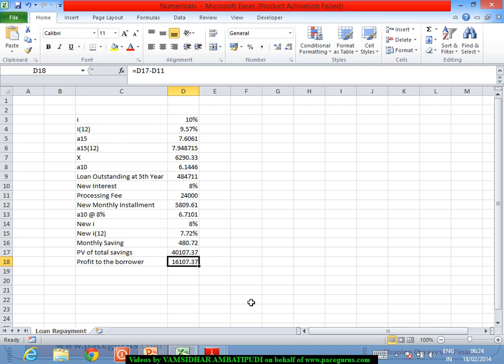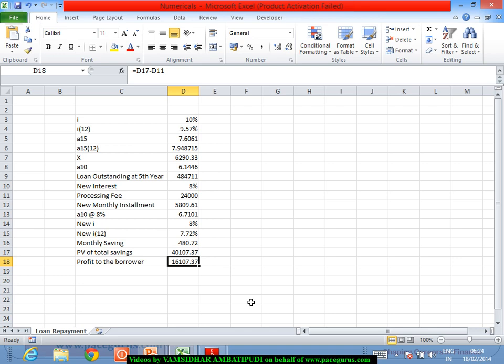So a fee of 24,000 would still give me a profit of 16,000 on the closure of the existing loan and the reopening of the fresh loan. Alright. So that is how typically a loan revision needs to be looked at and evaluated.